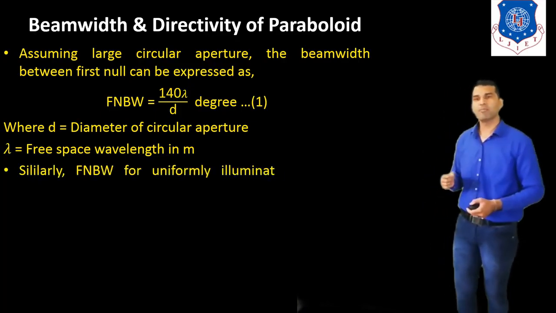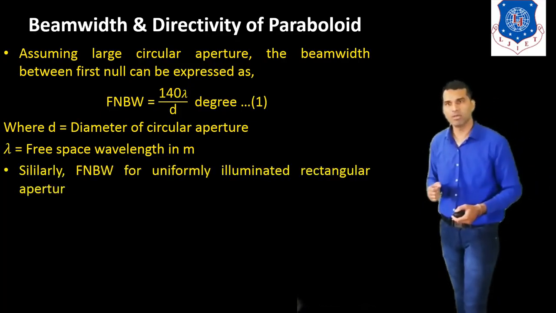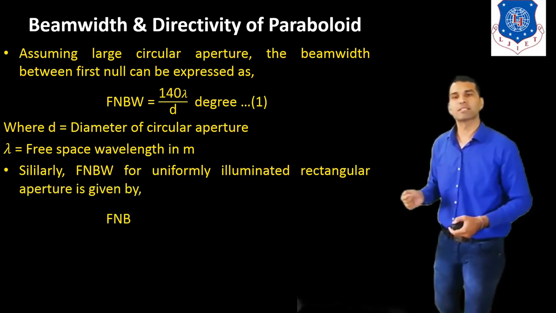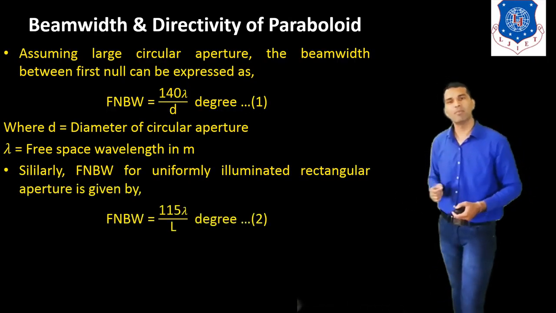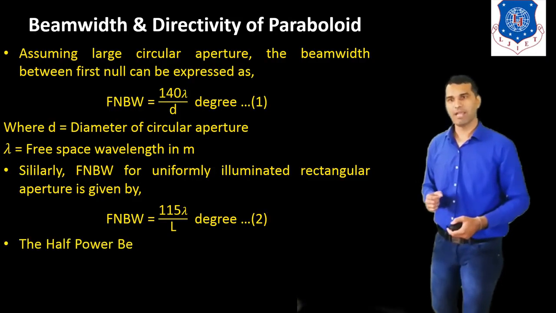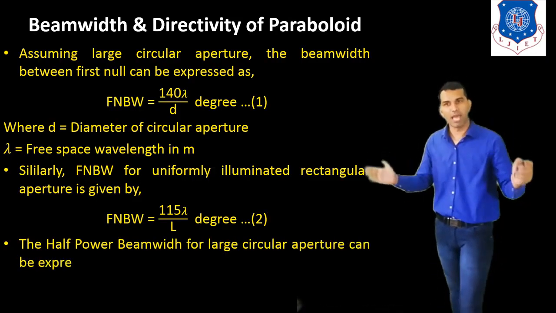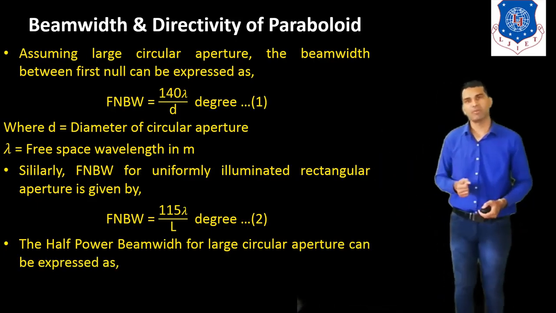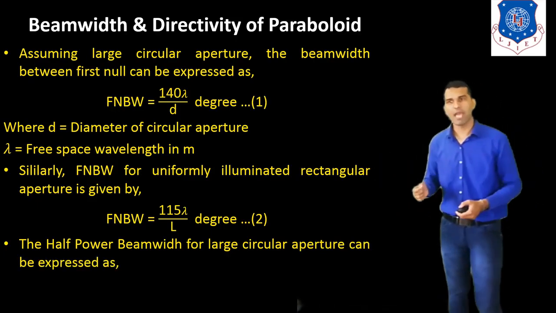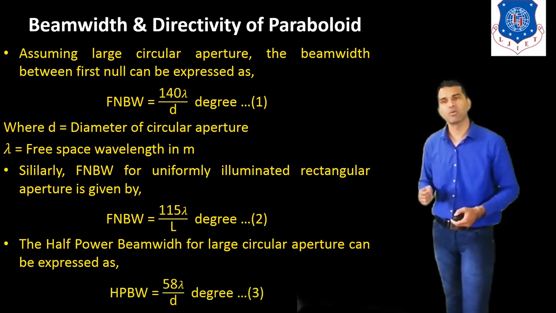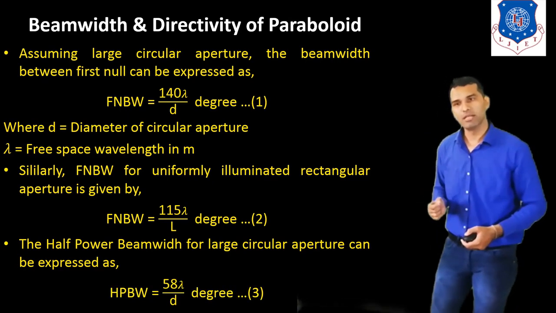Similarly, the FNBW for a uniformly illuminated rectangular aperture is given by FNBW = 115 λ/D, and the half power beam width for a large circular aperture can be expressed as HPBW = 58 λ/D.